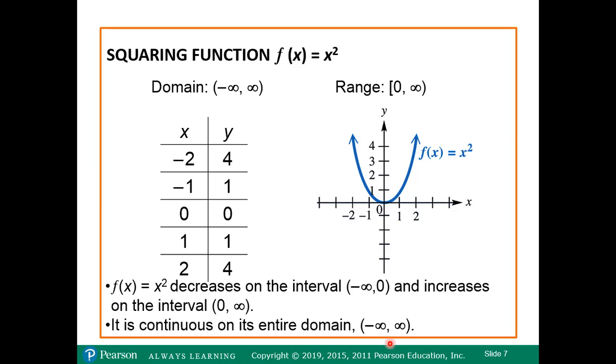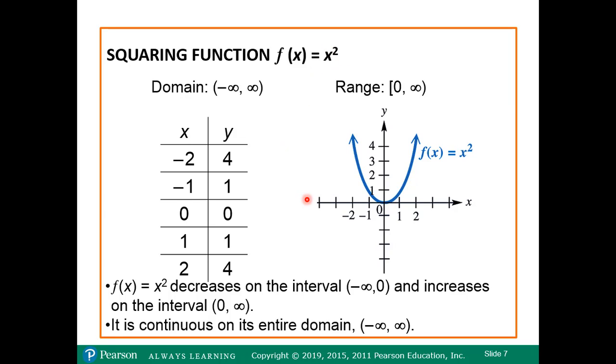Now, what about the squaring function? This is a squaring function, meaning it's a parabola. Notice that the domain is all real numbers, but the range of this basic function is 0 to infinity. So f of x equals x squared.